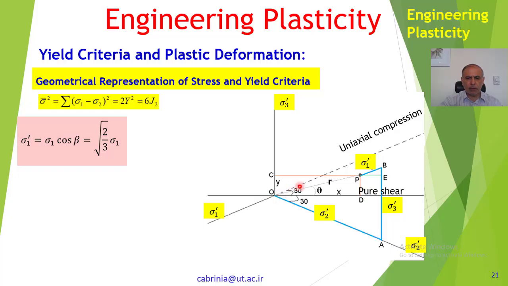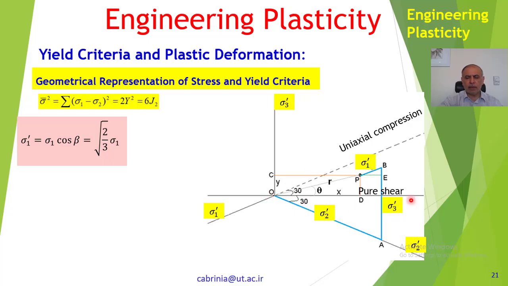And we have considered a 60-degree area because these axes, sigma 1 prime, 2 prime, and 3 prime, are inclined to each other by 120 degrees. So because there is a symmetry of 60 degrees here, we just take a 60, because this is the sigma 1 axis, that's 120, that's 60. So that's 60.